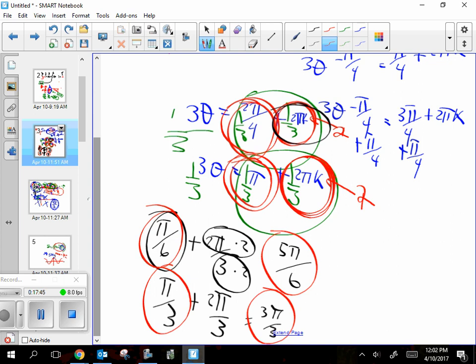You know what I'm saying? So then couldn't I add another 1 to my k and make something else instead of adding 2 pi over 3? I can put a 2 in there and make it 4 pi over 3. Put a 4 pi over 3 here, and then I could get even more solutions.